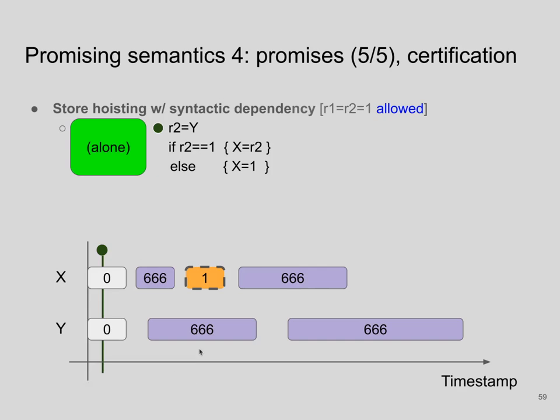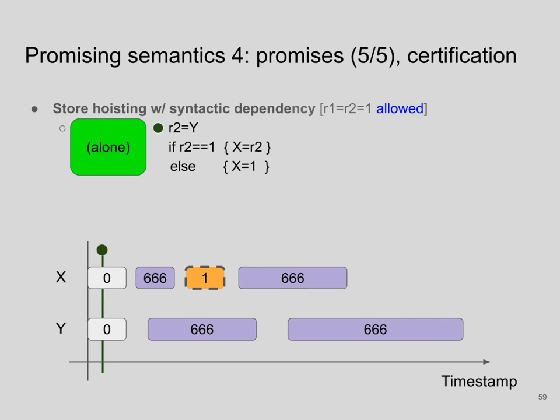So you need to make sure that under any interferences in the memory, you are able to alone store x equals 1 in the future.